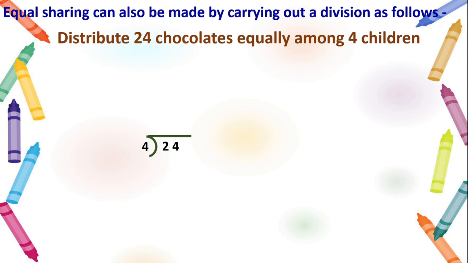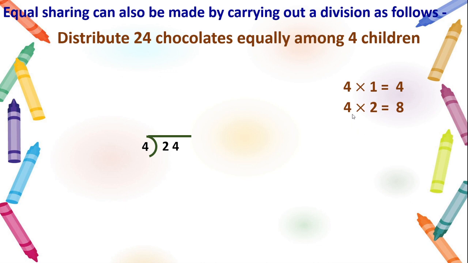Right? Now dear children, here we have to divide these chocolates among 4 children. So we have to recite the 4 times table first. I will write here: 4 ones are 4, 4 twos are 8. Dear children, remember we have to recite the 4 times table until we get 24 or a nearby number.